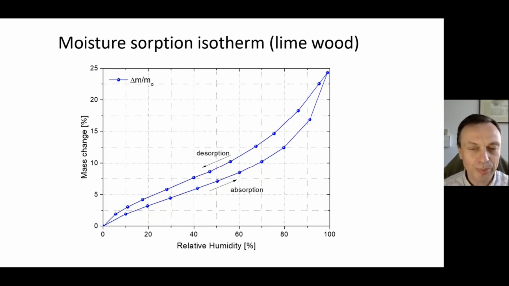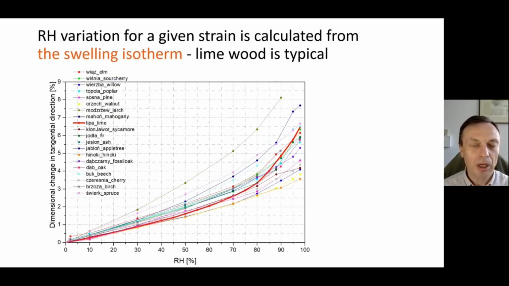When materials absorb moisture, they also change dimensions. Here you can see the results which we measured for around 25 wood species in the tangential direction. The data are quite scattered, but more or less the expansion of wood in the tangential direction is around 5% when changing relative humidity from 0 to 100%.